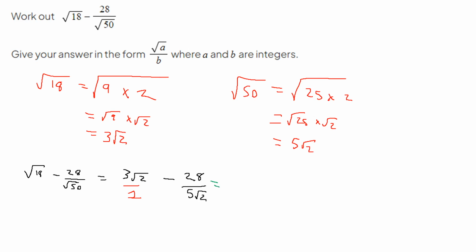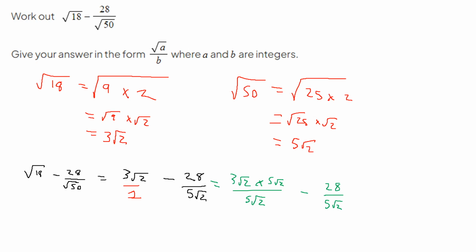So this is the same as 3 root 2 times 5 root 2 over 5 root 2 minus 28 over 5 root 2. And now what is 3 root 2 times 5 root 2? 3 times 5 is 15.